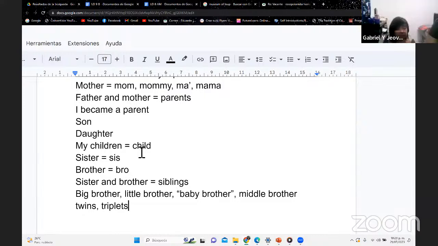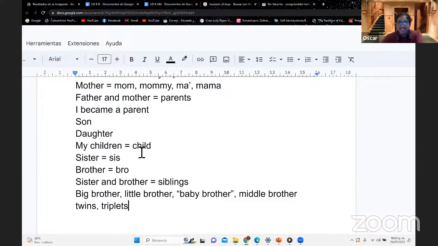Teacher, ¿y hay algún término para cuando son más de 3? Por ejemplo, cuando son 7. I don't think so. Bueno, no lo he escuchado realmente.